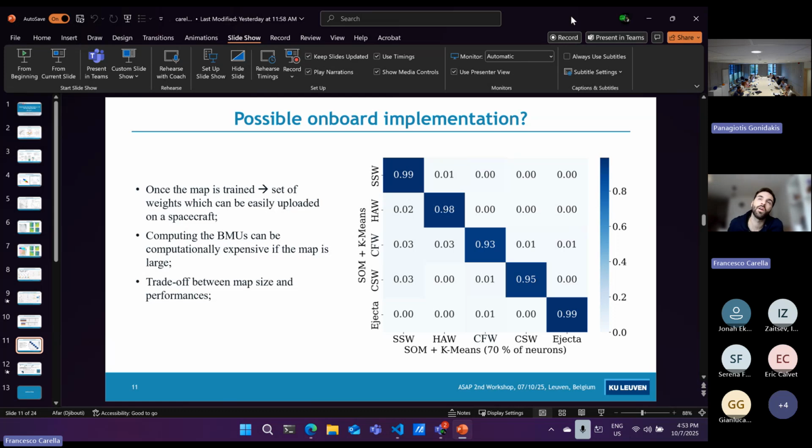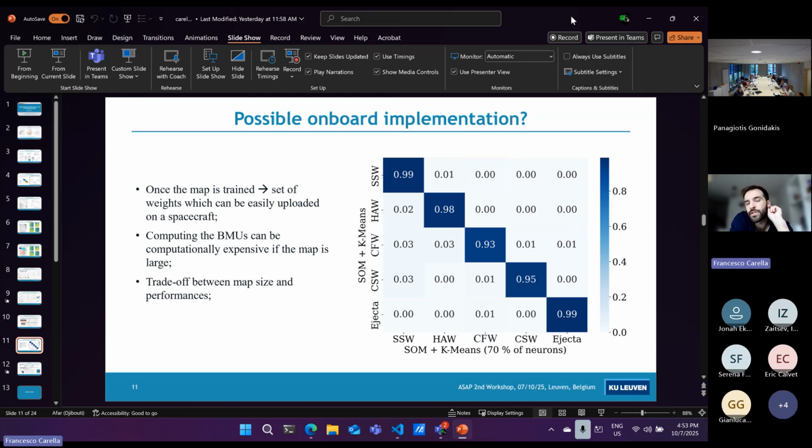But no. Basically, once you have trained the map and you clustered it, you have the cluster for each neuron, right? So on the spacecraft, you can upload the weights of the map plus the label of the cluster.